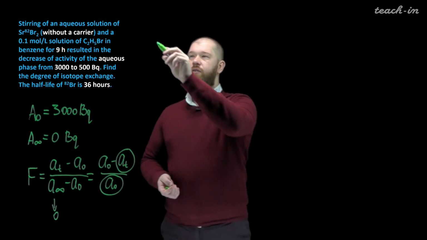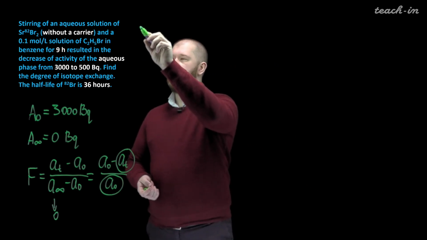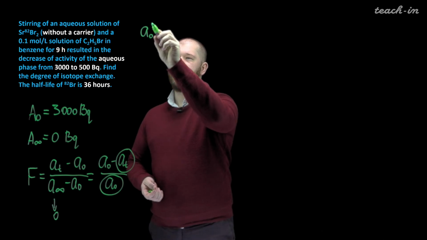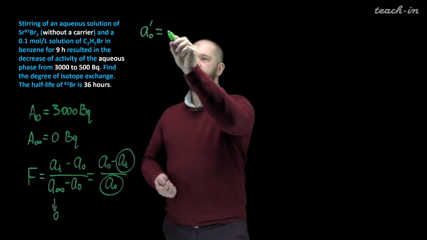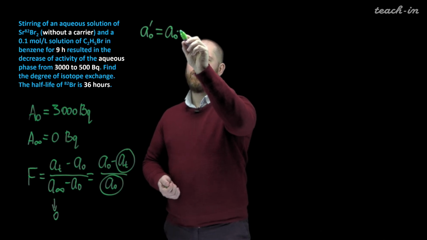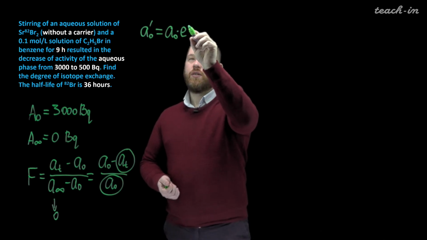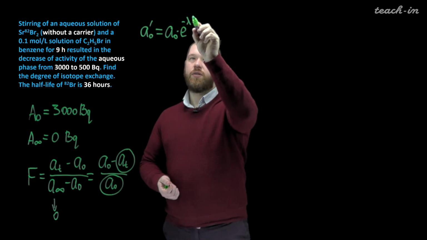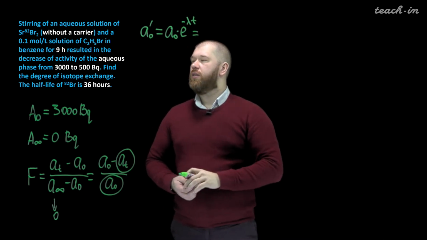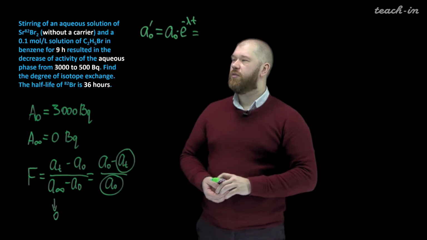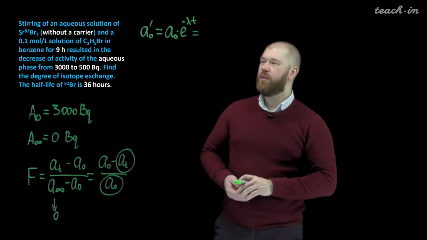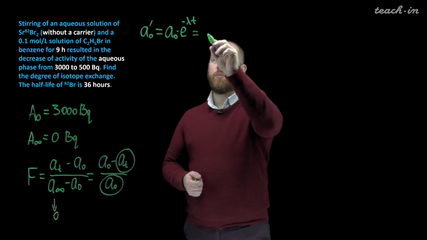So let's recalculate it. I will call it A0 asterisk. So it will be our A0 multiplied by the exponent minus lambda t, or in this case, it's not very convenient, so we will take this equation.